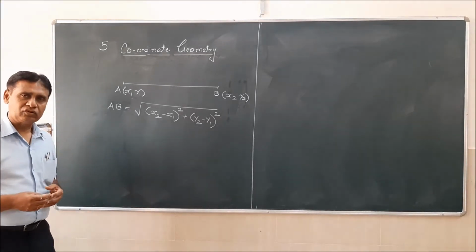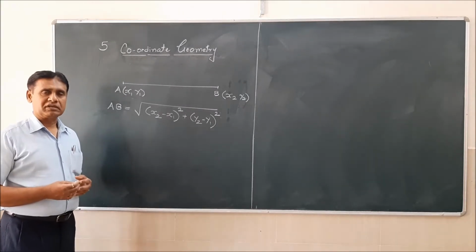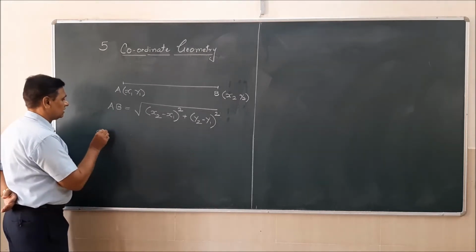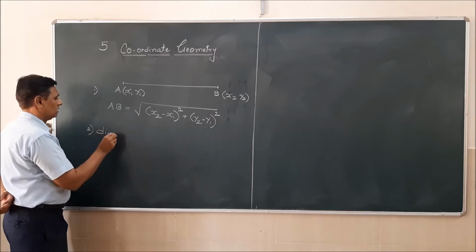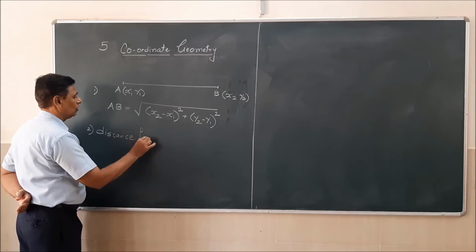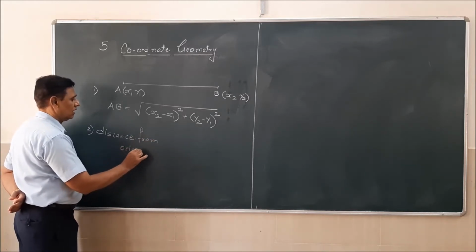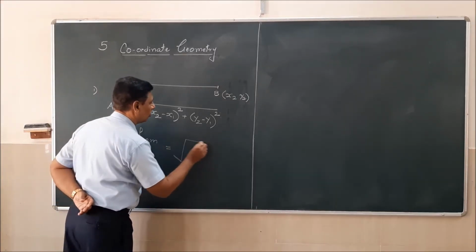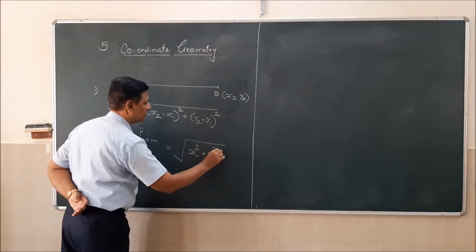Now whenever you have to find the distance of any point from the origin, in that case we can write the second formula: distance from origin is equal to the root of x square plus y square.